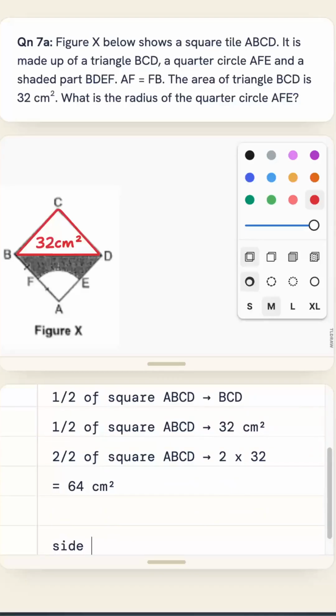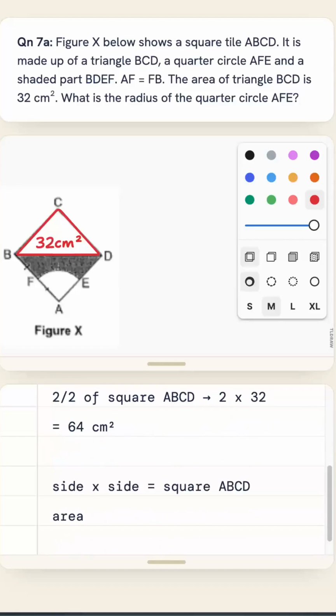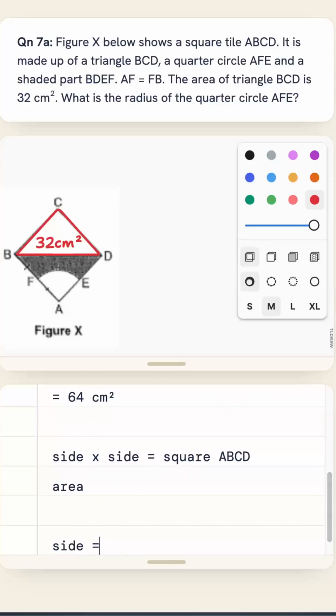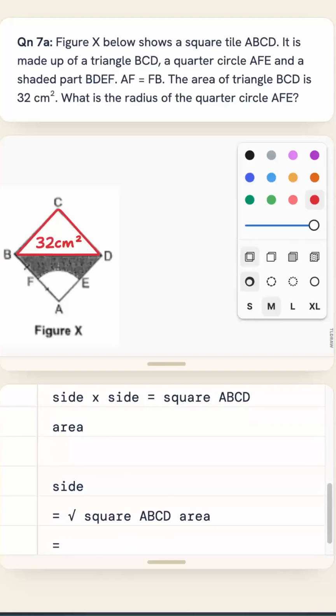Side times side is equal to square ABCD area. So that means the side of the square is equal to the square root of square ABCD area, which in this case is square root of 64, and this will be 8 centimeters.